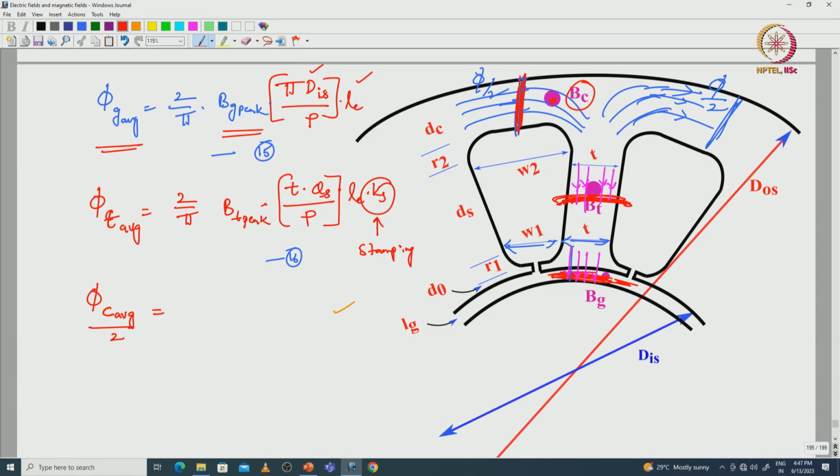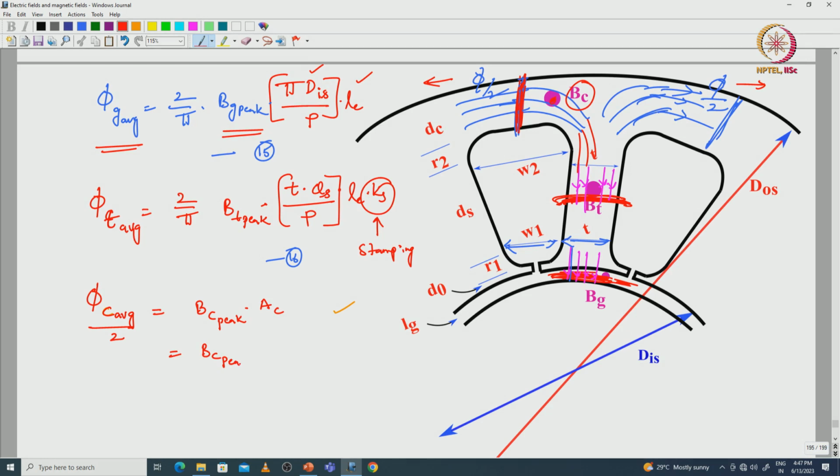For that purpose, the flux lines coming into the teeth or into the pole with respect to the magnetic poles are distributed into two parts, right, phi by 2 in one direction, other direction phi by 2. So, phi c average by 2 is nothing but Bc peak into the area.